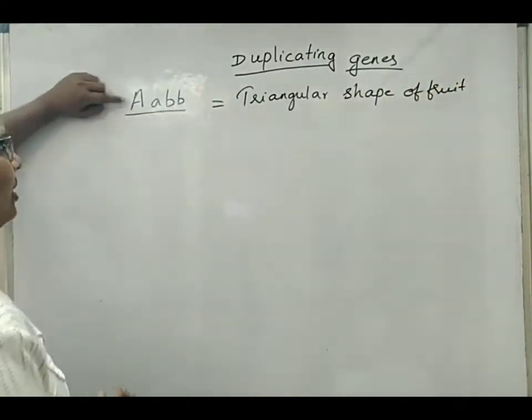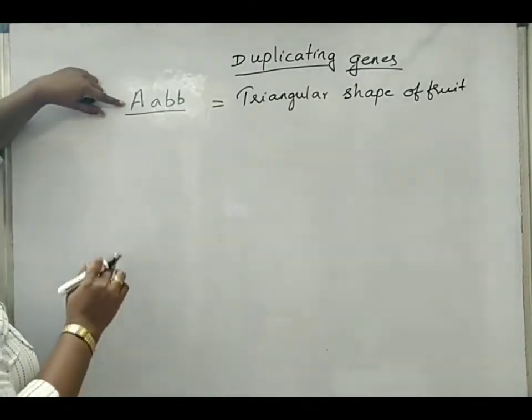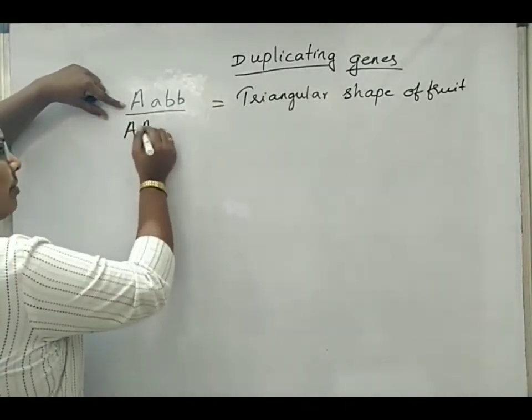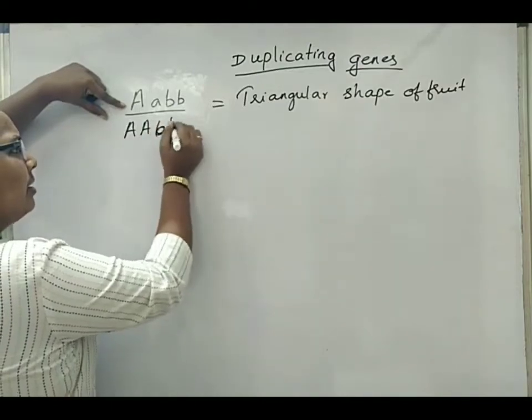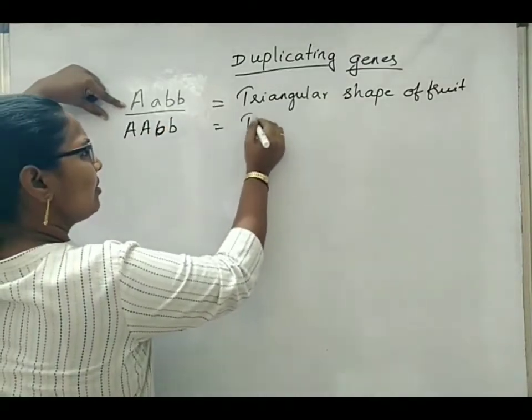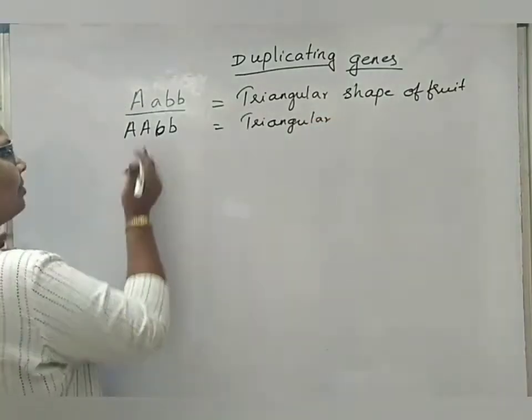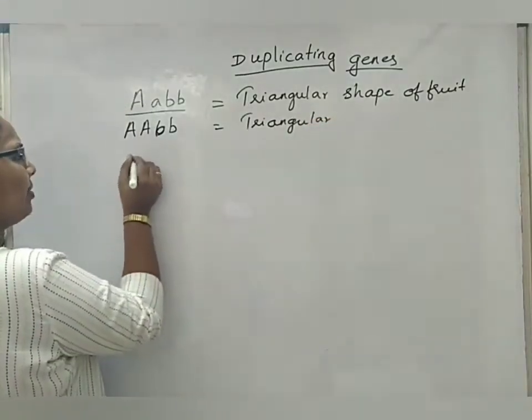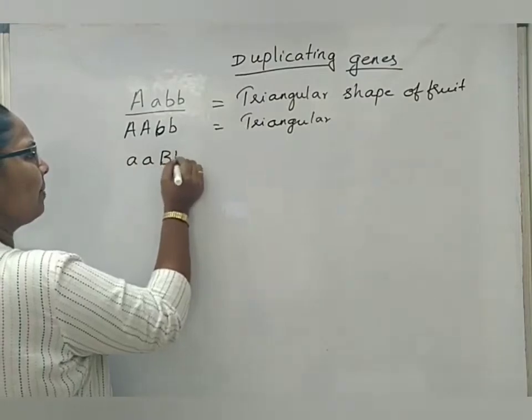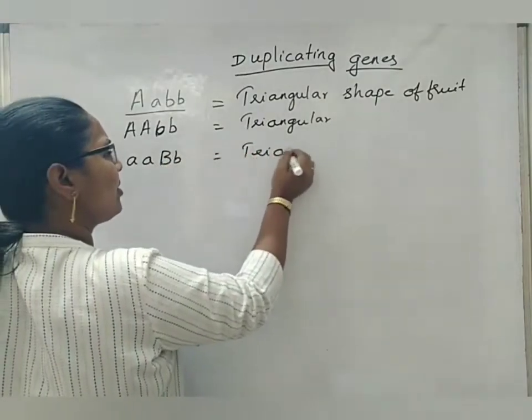Now, not only this. If there are two dominant alleles, then also the shape is triangular. If it is like this also, like this, then also triangular shape of the fruit.